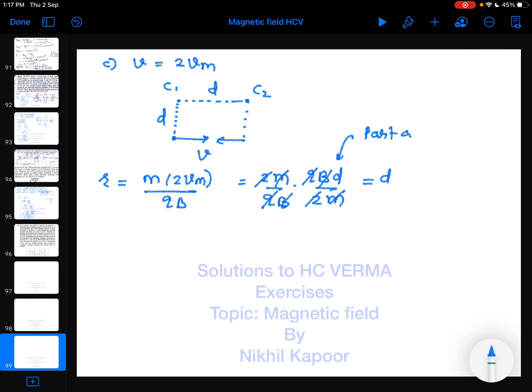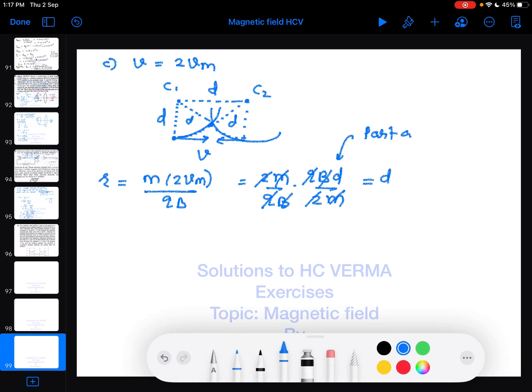So now they will meet somewhere here during their motion. When this particle comes here during this motion, the other particle also comes to this location. They simultaneously meet at this location. So the radius is d, the radius of this particle is also d, and these are the circular motions of the particles. Okay, so I hope you understood the motion.